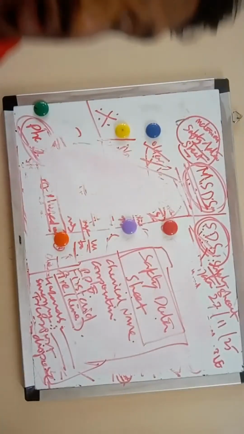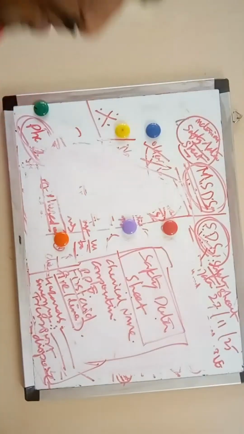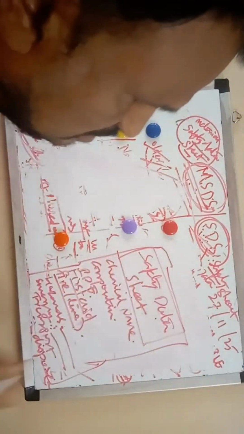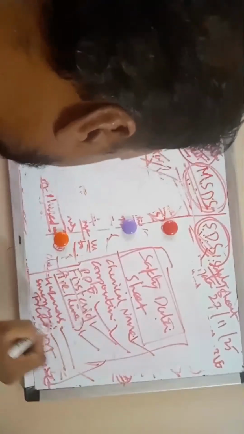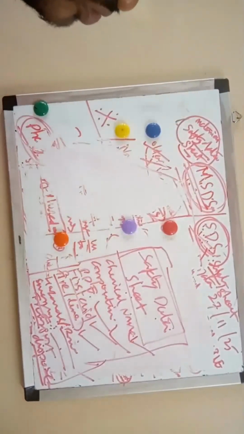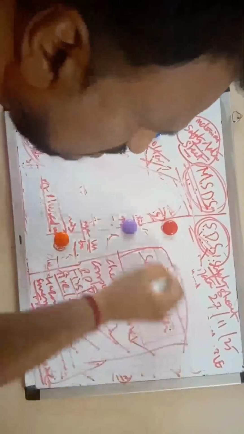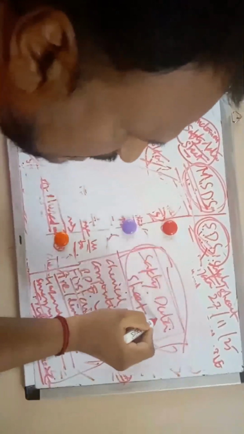Maybe one or two items may be missed, but most of these things are there in the safety data sheet: the chemical name, composition, PPE, first aid, line of fire, hazards and risks, emergency handling, transport, and disposal, and how to dispose. All of these are in the safety data sheet.